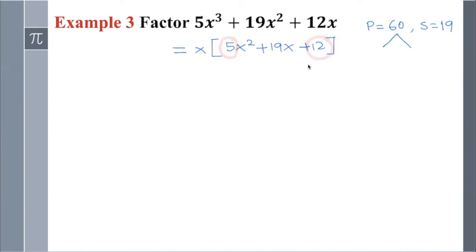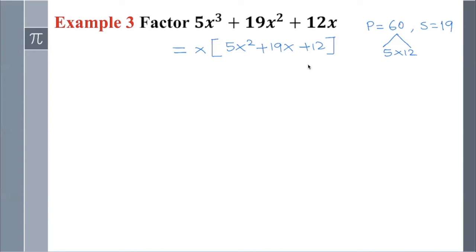So the first two factors that I'm going to look at are 5 times 12. Now, if I combine 5 and 12, I'm not going to get 19, rather I'll get 17. So these two numbers are not going to work out. So we'll go ahead and factor 12 further.